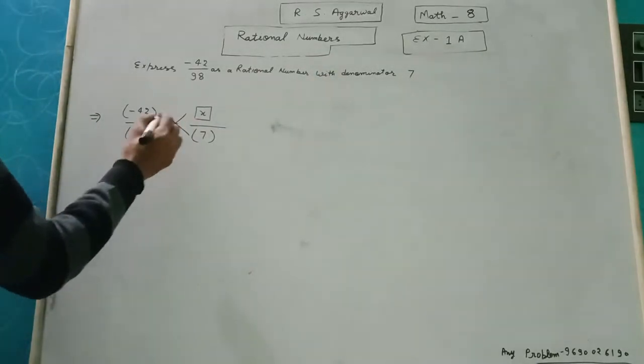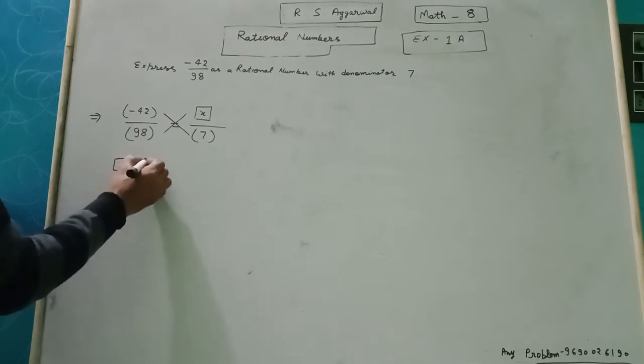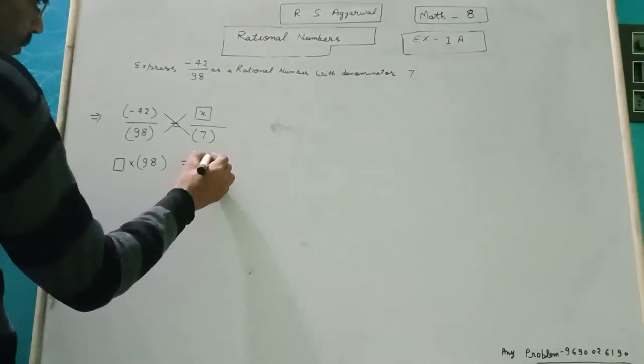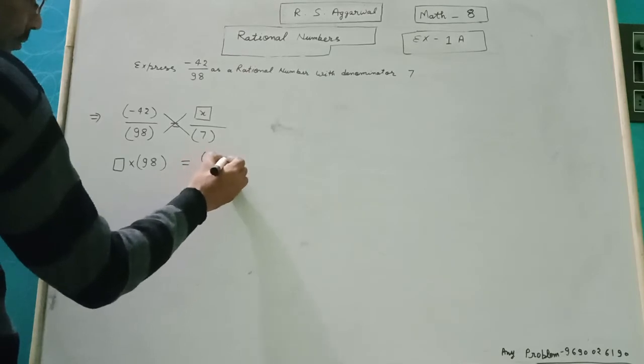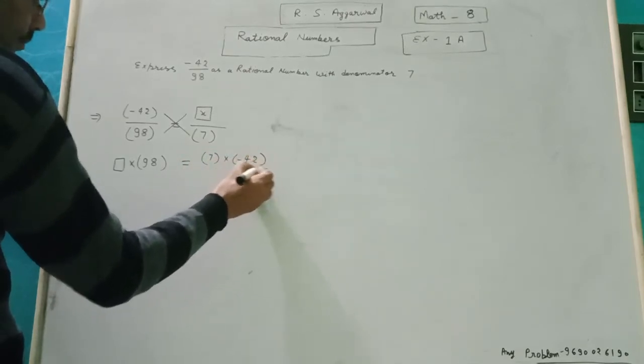After cross multiply, box into 98 is equal to 7 into minus 42.